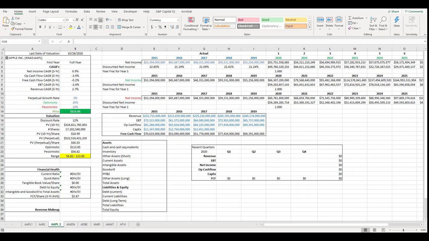Purchases of acquisition. Okay. Okay, so we got all of that.